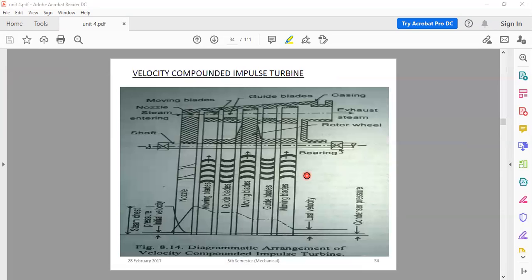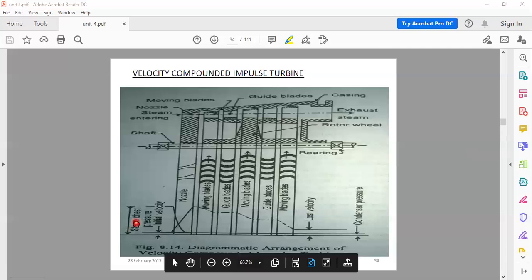See, in this velocity compounding diagram, or diagrammatic arrangement of velocity compounding impulse turbine, see here, steam pressure and steam velocity enter the nozzle, our pressure suddenly drops and velocity increases in the nozzle.